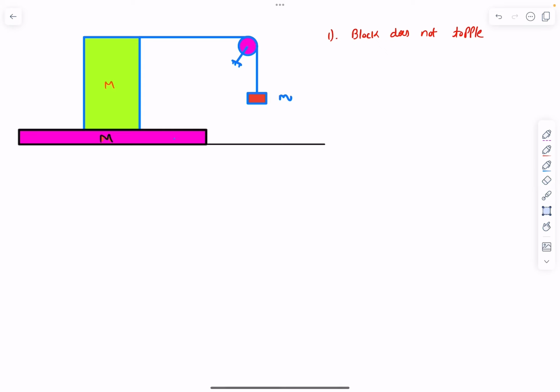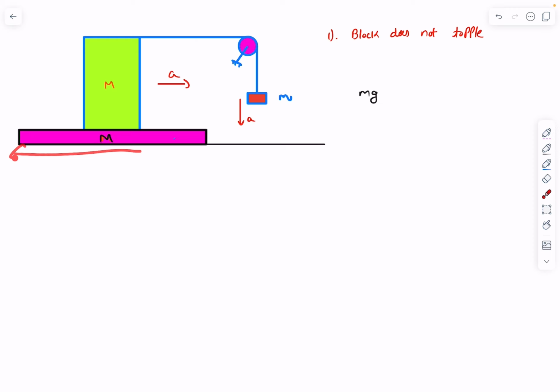Till the point slipping starts, we know these two masses will move as a system, so they will have some common acceleration. Let's just call it a, which will be the same acceleration with which the mass m descends because of the inextensibility of the string. Now we can write one F equals ma equation to determine this a. If I take all the three masses as a system, the force along the direction of the acceleration is going to be m into g, right?